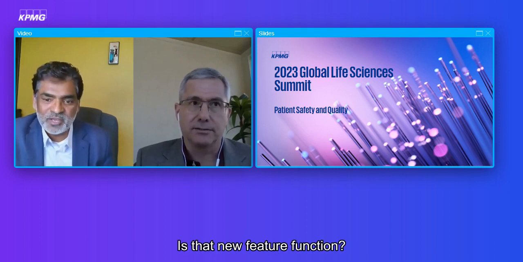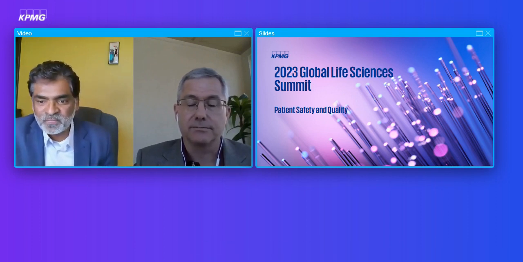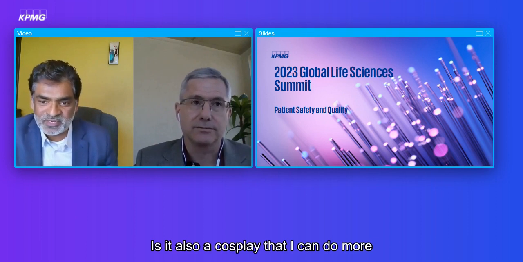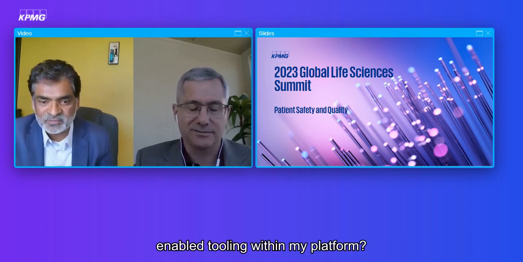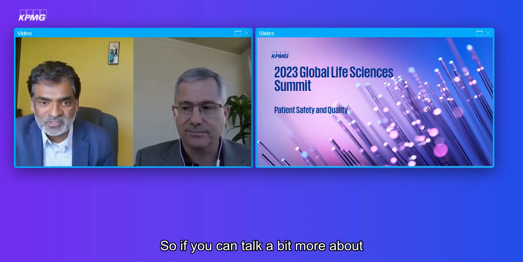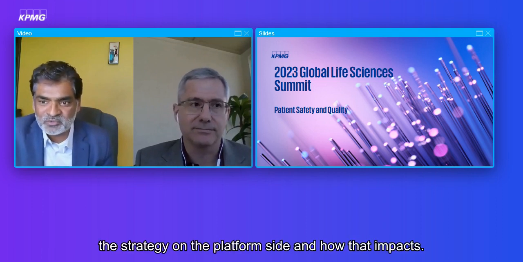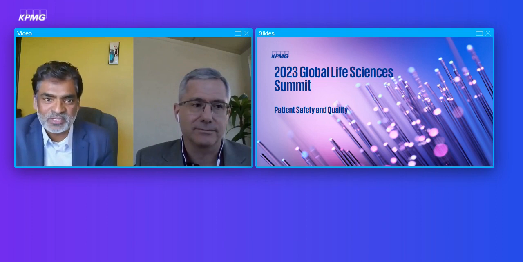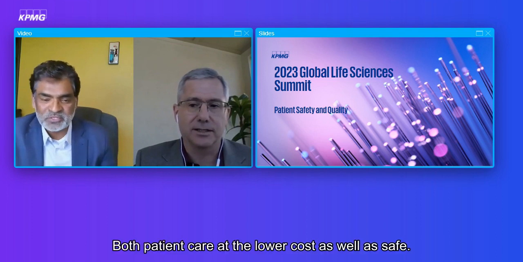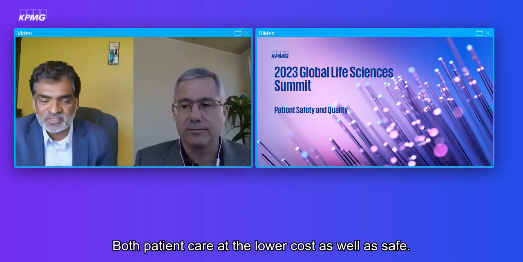Is that a new feature function? Is it also a cost play, that I can do more with the data that I have because I'm building AI-enabled tooling within my platform? Can you talk a little more about the strategy on the platform side and how that impacts both patient care at lower cost as well as safety?